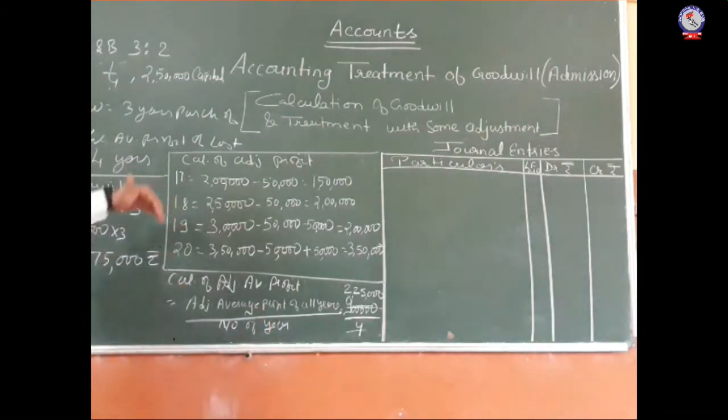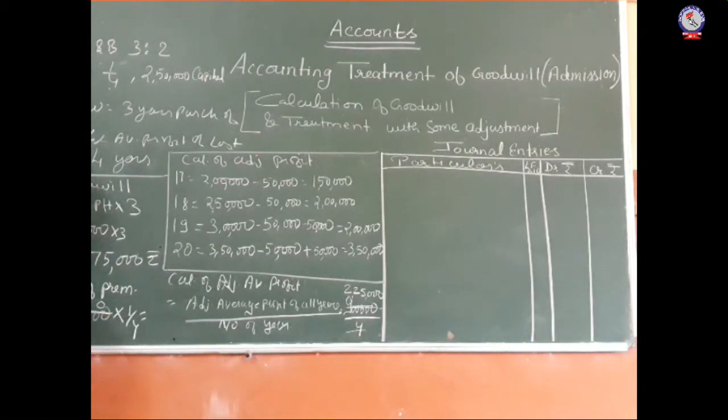6,75,000 rupees. Now in this 6,75,000 rupees, we have to find out the share of the incoming partner, that is 1/4. So it will be C's share of premium. Okay, so 6,75,000 rupees total goodwill into 1/4 will be 168,750.